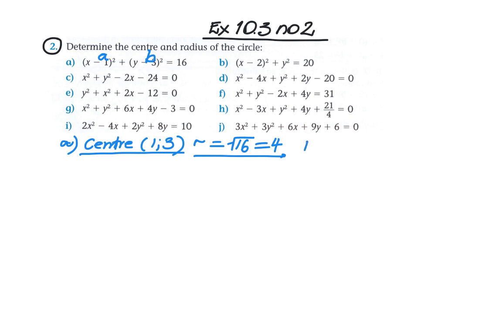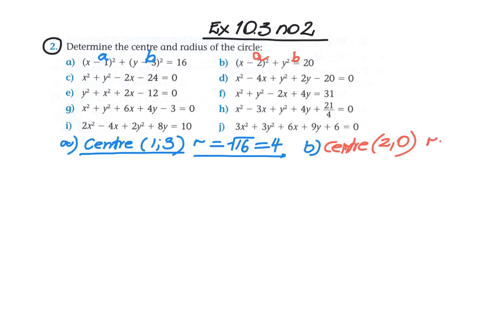For answer B, my equation is now x minus 2 squared plus y minus 0 squared equals 20. So for question number B, what will be the coordinates of a center? Well, I hope that you said that the center has coordinates 2 and 0.